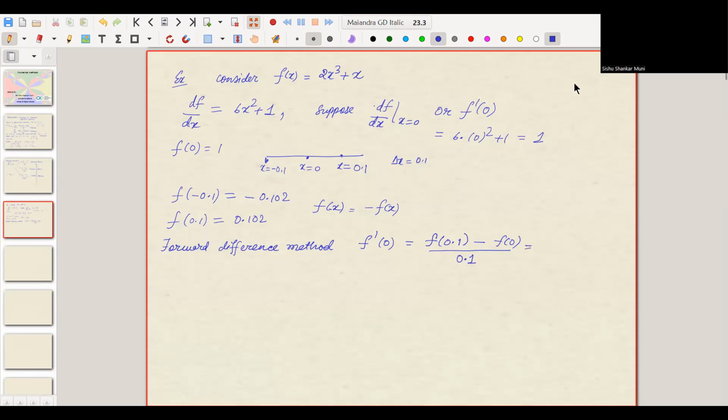So what is f of 0.1? What is f of 0? What quantity do you get? 1.02.